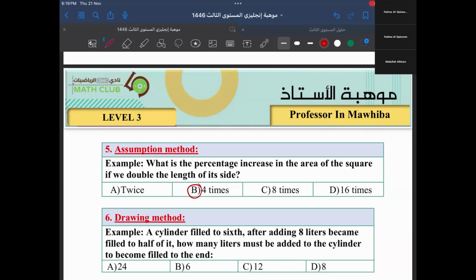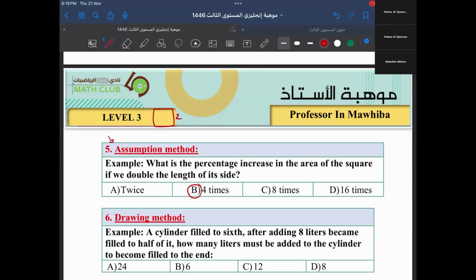If I have another method also to make it a bit easier, you remember that we draw if we want to make it easier. So let us make an assumption here for this method. I'm going to assume that I have a square with side length 2.